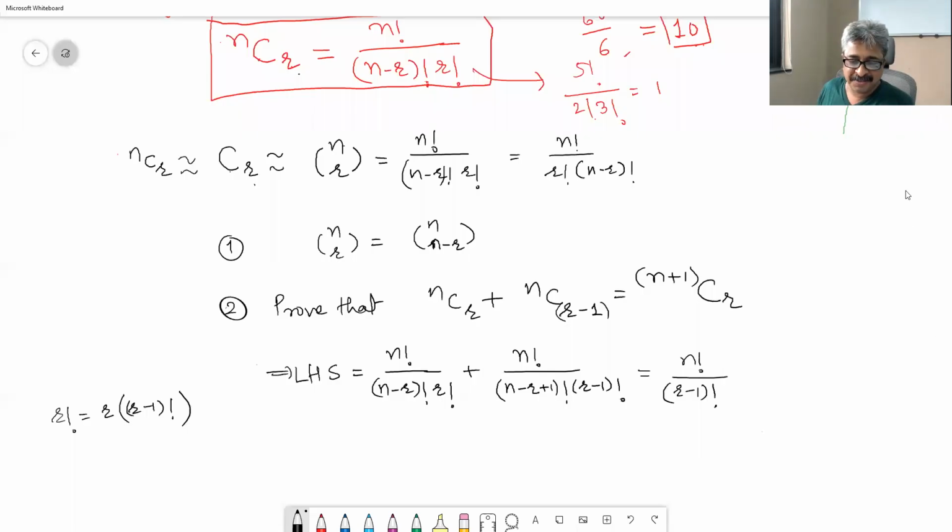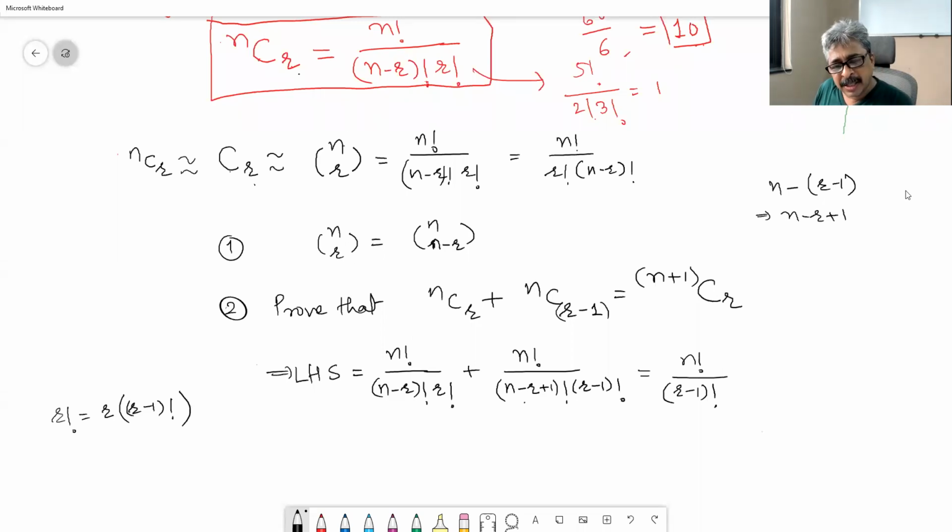Have you understood why is this plus here? This bracket is N minus R minus 1. If you resolve the bracket, you get N minus R plus 1. And the second bracket is R minus 1.